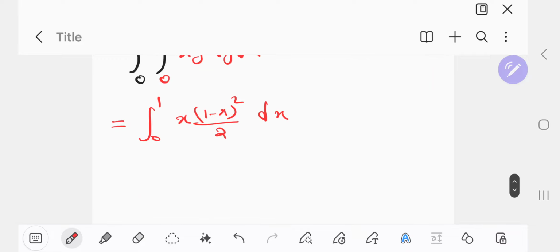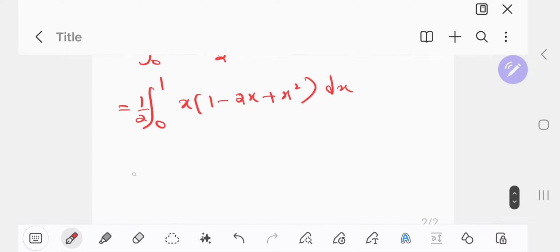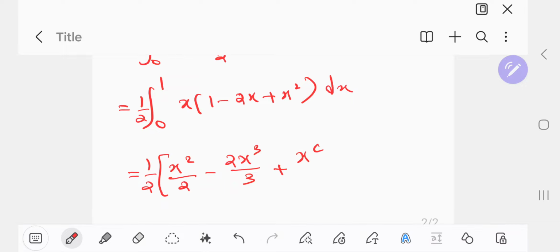Then this is the integral from 0 to 1 of x times (1 minus 2x plus x squared), with 1 by 2 taken outside, dx. The integral will be x squared by 2 minus 2x cubed by 3 plus x raised to 4 by 4, from 0 to 1.